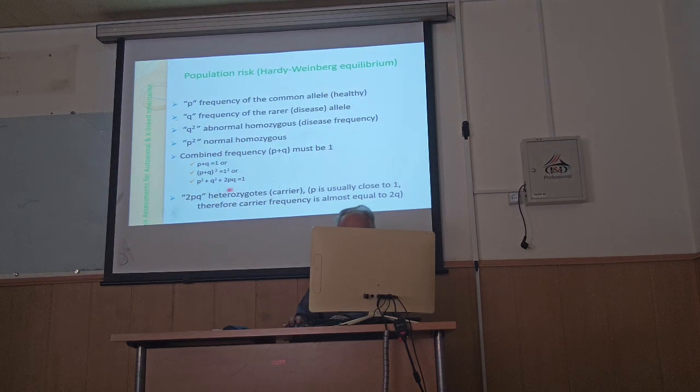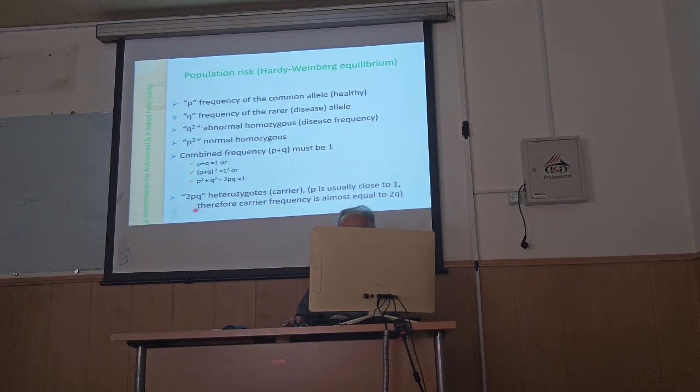So with this equilibrium, P squared plus Q squared plus 2PQ is 1. 2PQ is the heterozygote or carrier frequency, and usually P is very close to 1.